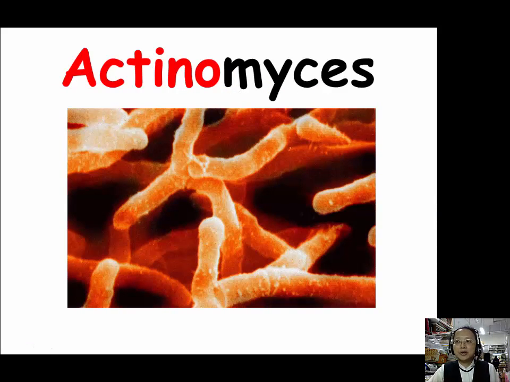Actinomyces is a genus of bacteria consisting of gram-positive, irregularly staining, straight or slightly curved rods that form a branched filament. Actinomyces is also an important source for antibiotics. In the past, we found many useful antibiotics from Actinomyces.